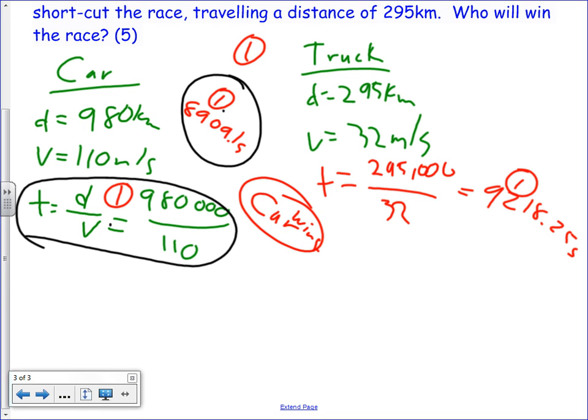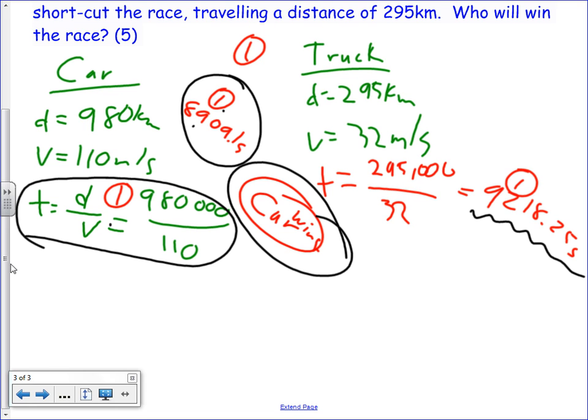I'm not going to give you two marks for the same thing. So give them a mark if they got 9,218.25 seconds for the truck. It's d over v, same as before. And their final mark: car wins. Car's time is less than the truck's time.